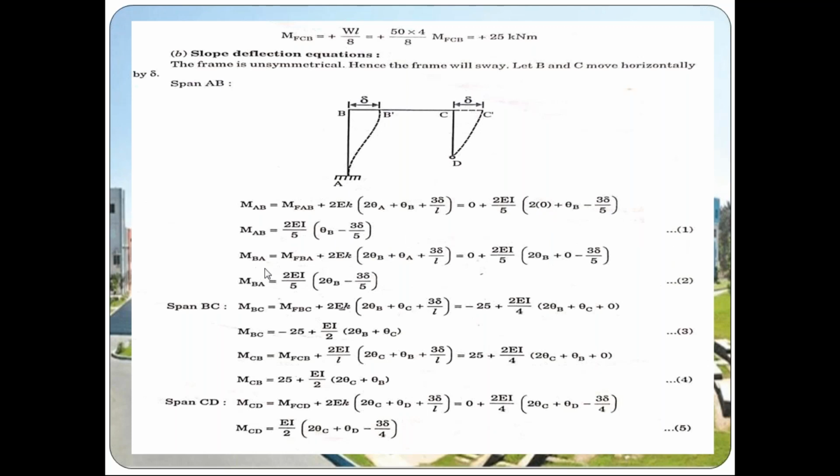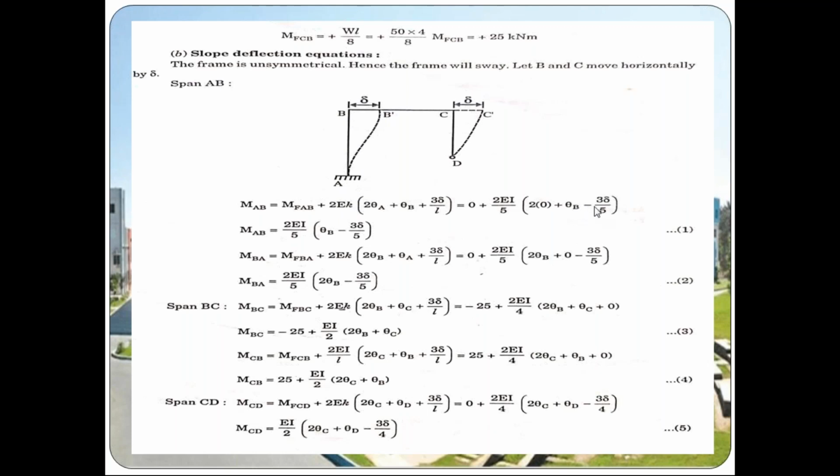Then MBA is equal to M of BA plus 2EI by L into 2 theta B plus theta A plus 3 delta by L. We know the value of M of BA, theta B only we have to calculate. Theta A is 0, delta same, so same span only. MAB, MBA both we are calculating for span AB only. In span AB, B only moves to B dash, so delta comes.